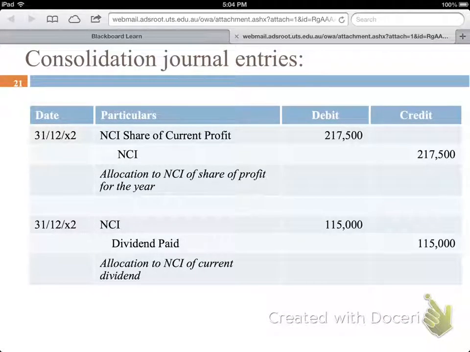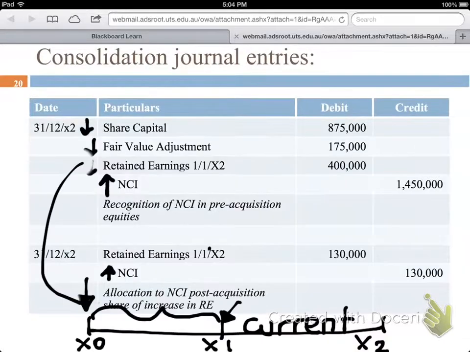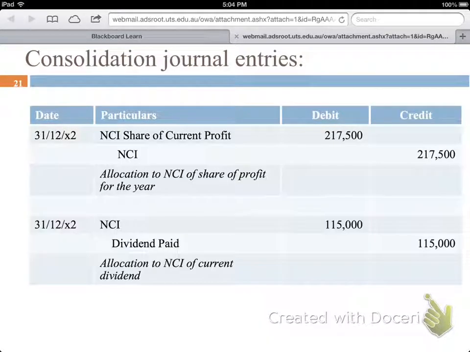Next we're going to do current year. So if I go back on the previous slide, now we're going to focus on this current year. Now you're going to identify current year profit, making sure it's after-tax profit. So have a look at your book in the worksheet, and if you have a look at profit after tax, you'll see that profit after tax is $870,000.